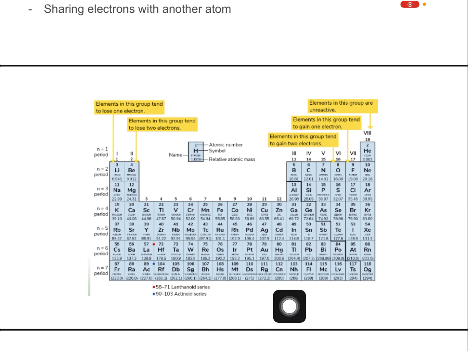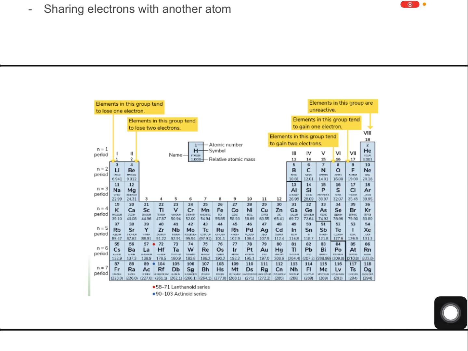So it's going to try and find an atom or an element that wants to take 1 electron. So it wants to look at these group 7 elements here that could take 1 electron.